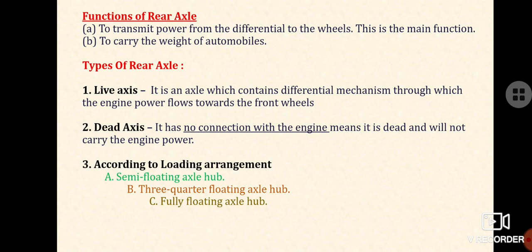It is only to support the entire weight for moving in a specified direction. Third is according to the loading arrangement. The loading arrangement is classified in terms of semi-floating axle hub, three-quarter floating axle hub, and fully floating axle hub.